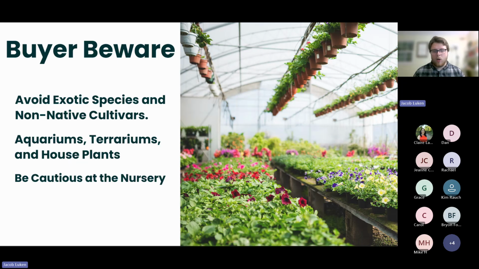So it's good to understand where a plant is coming from. And if you can't verify that that plant is coming from Indiana or Hamilton County, and isn't native here, it's oftentimes better to err on the side of caution. And if you have any questions about where those species are coming from and aren't able to quite figure it out, we can help out with that as well.